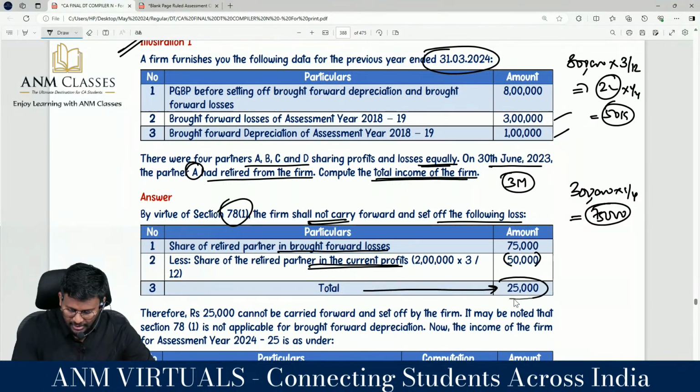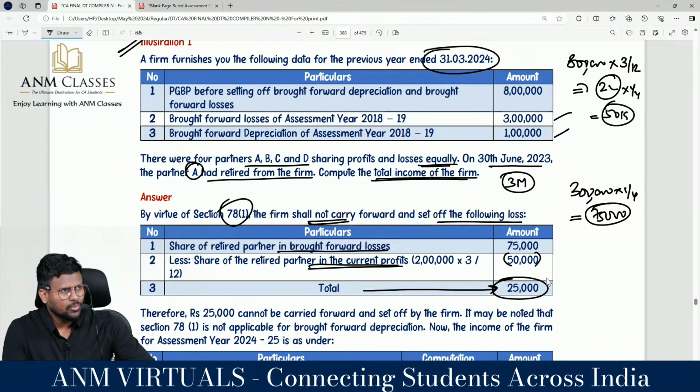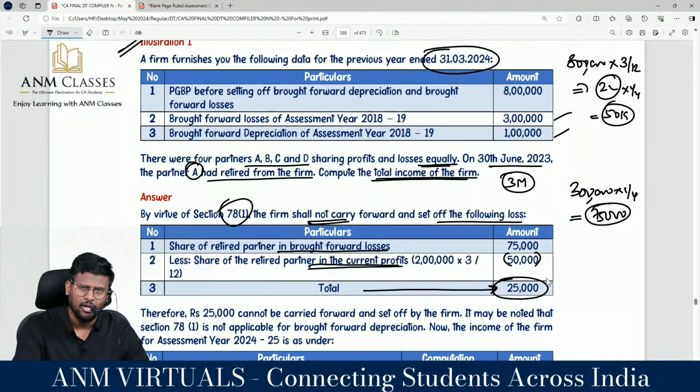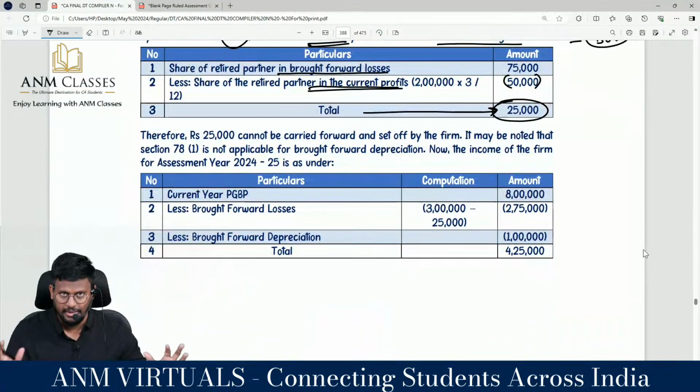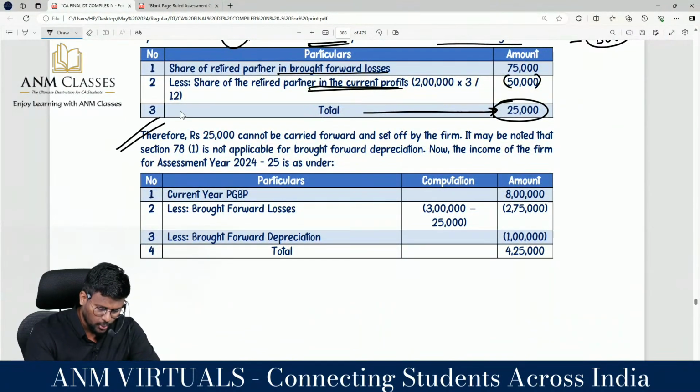That means the net is 25,000. So that partner has incurred a loss of 75,000 and earned a profit of 50,000. So that partner was not able to recoup 25,000 since that partner has retired or deceased. That amount of 25,000 has to be put on the dustbin. So therefore 25,000 cannot be carried forward and set off by the firm.